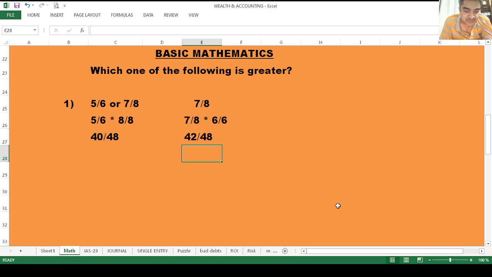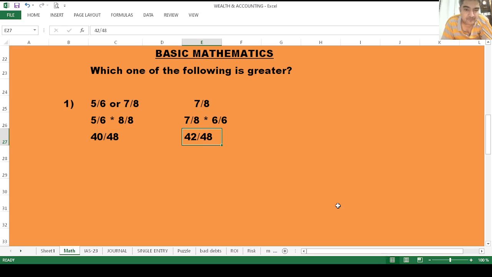The purpose of multiplying 8 over 8 with 5 over 6 and 6 over 6 with 7 over 8 is to make the fraction equal. As you can see here that 48 is equal to 48.